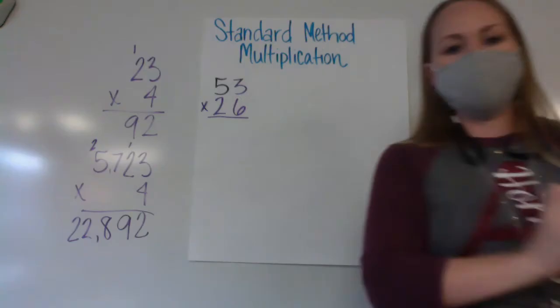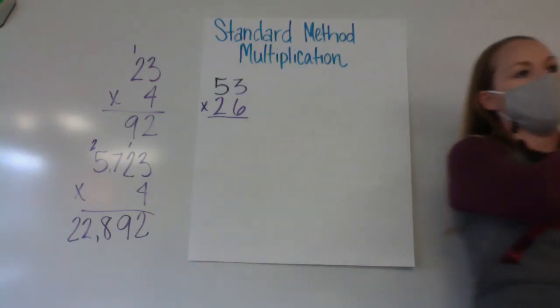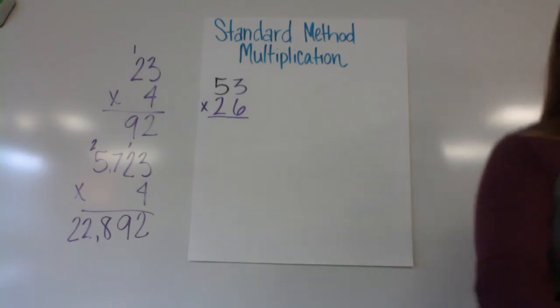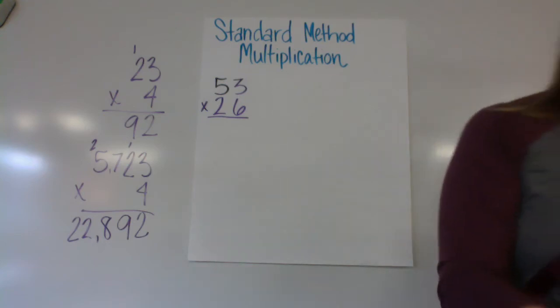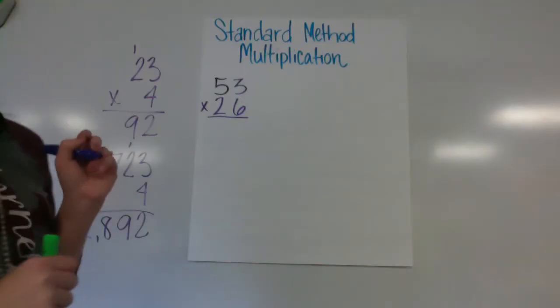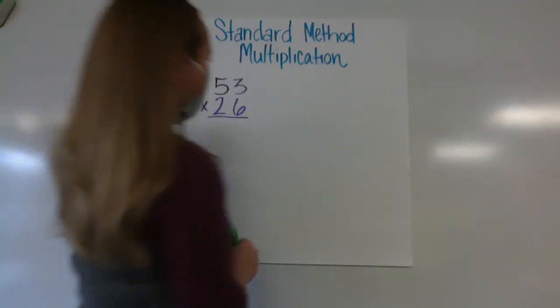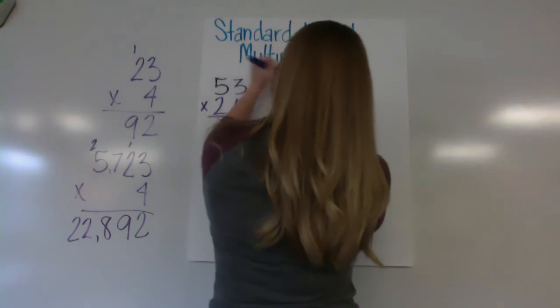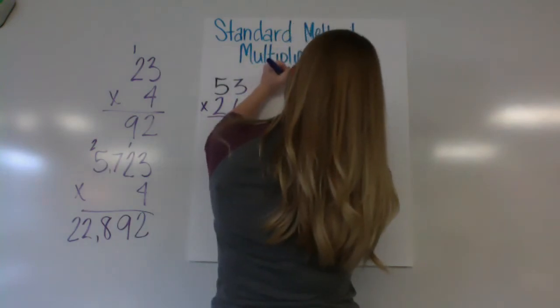Okay, so write that down. And then we're going to go through all the steps. So out here to the side, I'm going to write step 1. We'll write our steps as we go.